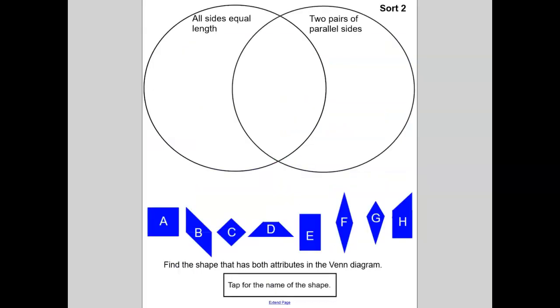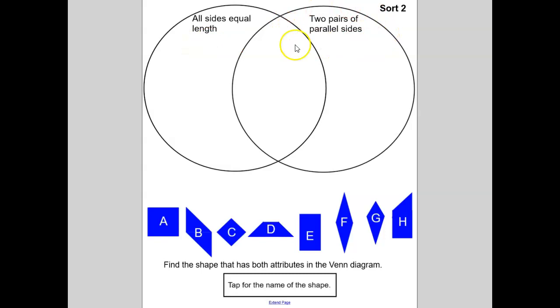So this is really fun, boys and girls. You know that a really wonderful way to compare and contrast information is by using a Venn diagram. You guys are going to help me sort these shapes based on their attributes. So we know that the only shapes that go on this side of the Venn diagram are shapes that have all sides equal length.